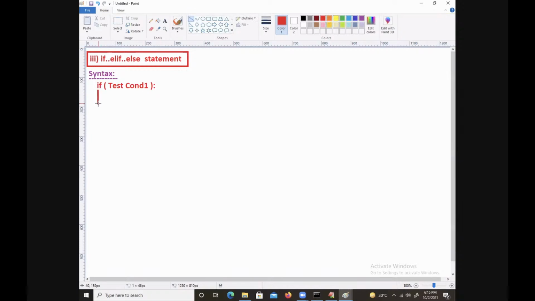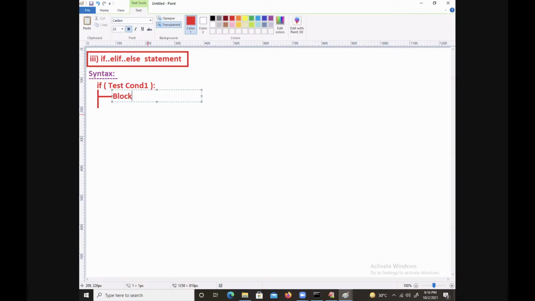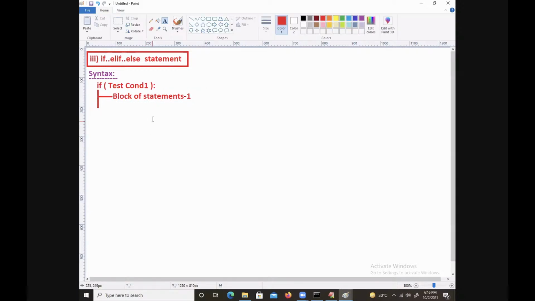I hope you are getting confidence on the indentation part. So we are writing the block of statements here, maintaining four spaces. For your safety, I am writing block of statements 1. Good, so block of statements 1 is written.